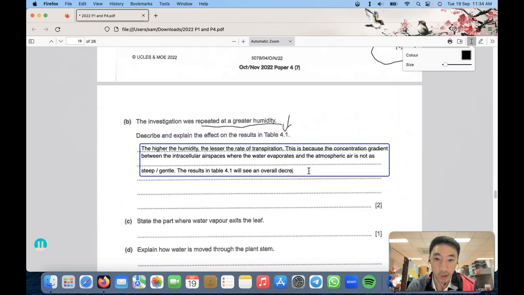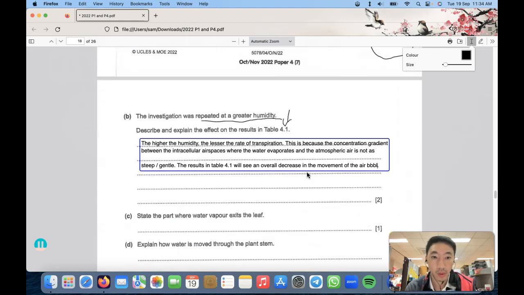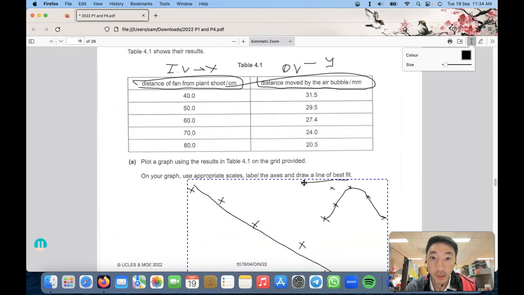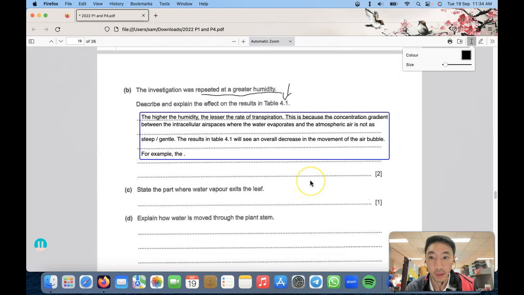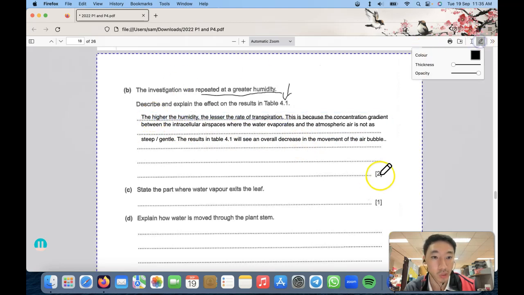We'll see an overall decrease in the movement of the air bubble. Okay, I don't think I need an example. I think that's already enough. So they are described and they are explained. I described that there will be a decrease in the movement of the air bubble, and then I explained because the higher the humidity, the lesser the rate of transpiration. So that should be 2 marks already.